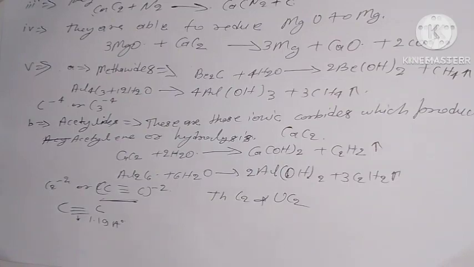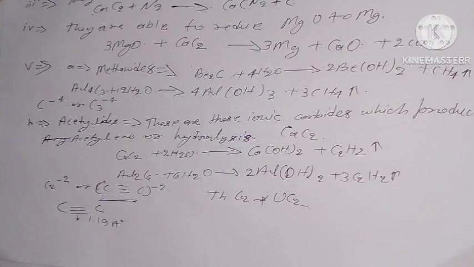This causes distortion from the cubic symmetry to the trigonal symmetry, with one axis longer than the other two.